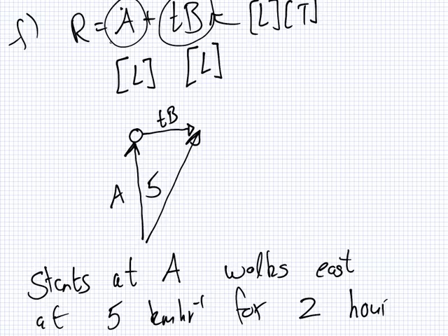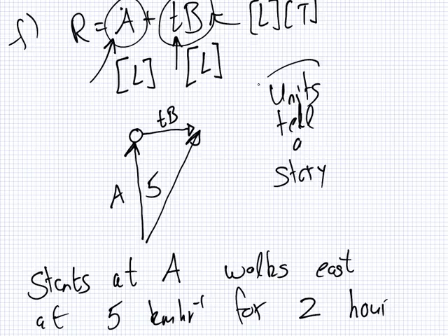This one here has no time, so it means it's at a position. This one here has a time, which means it moved for that time. Do you understand the point I'm making? The units tell a story. This was my point here.